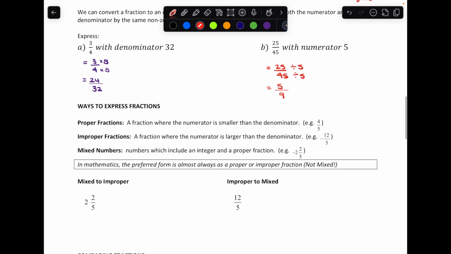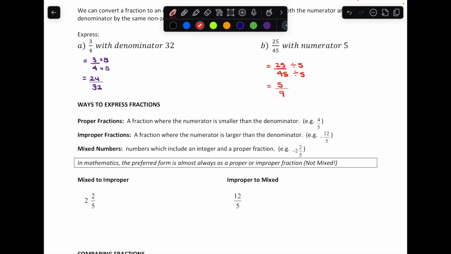And so here when we look at ways to express fractions, there are 3 main ways to express fractions. Proper fractions are fractions where the numerator is smaller than the denominator. So an example is 4 over 5. An improper fraction is a fraction where the numerator is larger than the denominator.